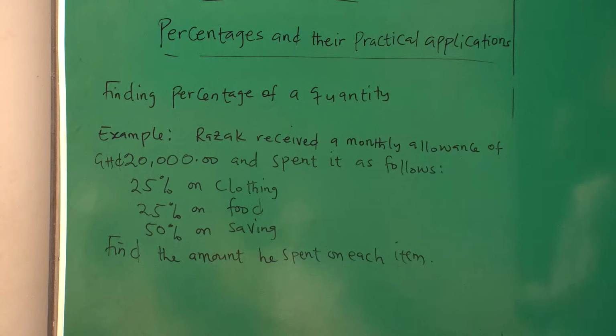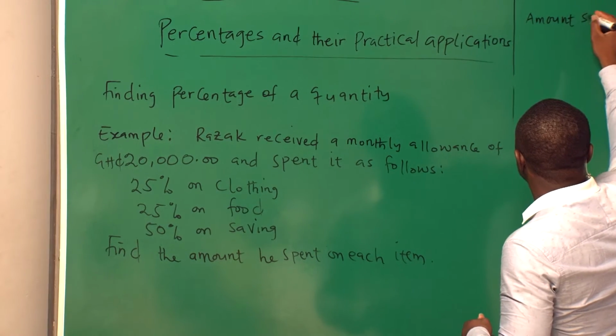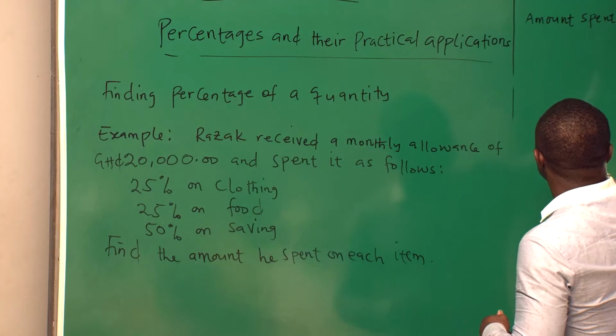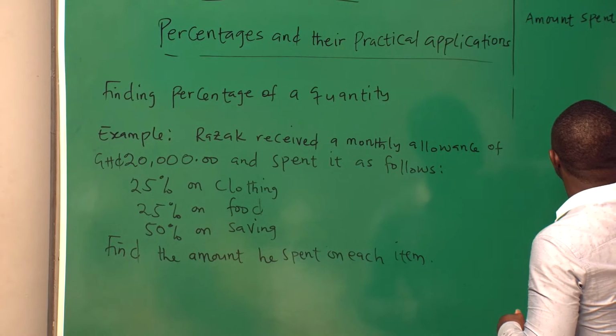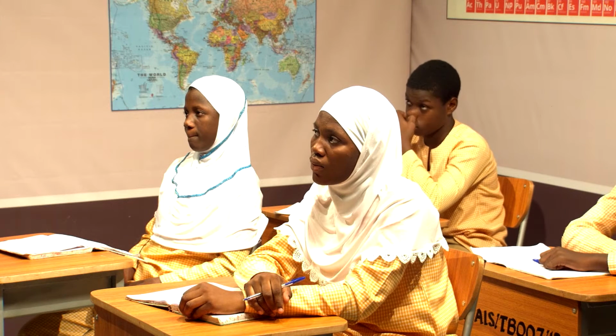Are you okay? So if I want to find amount spent on clothing, it means I'm looking at 25% of the allowance he received. Are you okay with that? That's what it means.